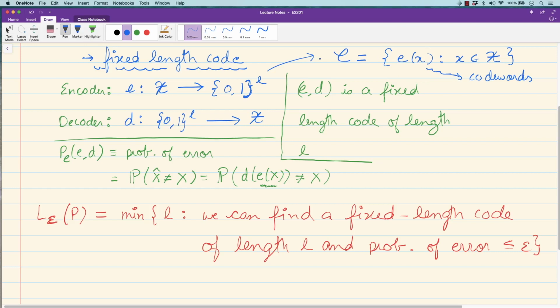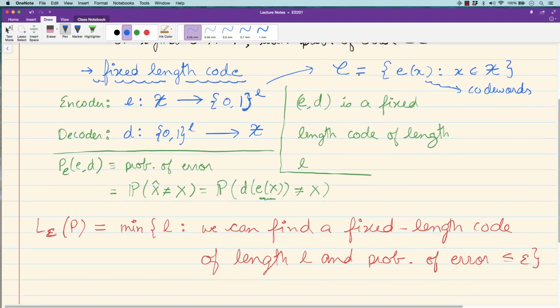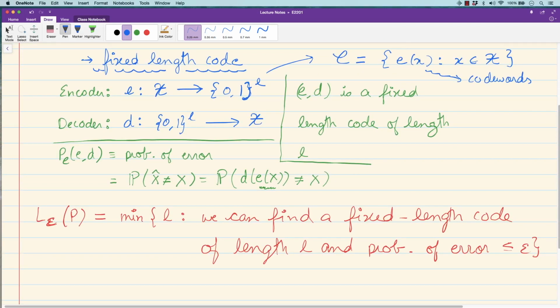It's a fixed length code if each code word has the same length. We can describe a code in two ways. Either we associate with it the encoder and decoder mapping, or we can simply provide this list of code words. These two representations are not equivalent because you still have to specify which symbol goes to which code word, but we'll sometimes just talk about the code as this set without referring to the mapping.